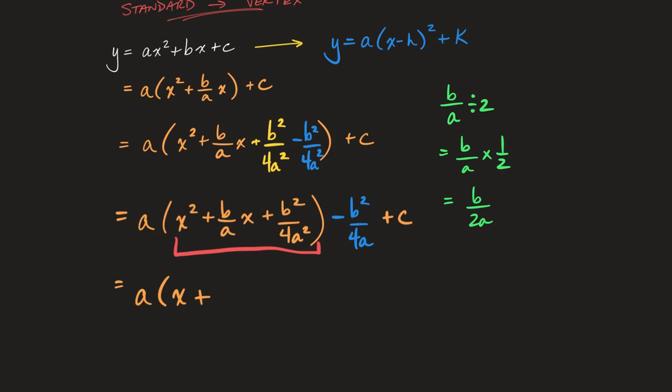Remember, the way that we figure out what goes inside the brackets is to take half of the coefficient on x. You'll notice we already did that in the green. So I've already done all of that work. I don't need to include that again. Rather, I know that that's going to be b over 2a on the inside of my brackets.